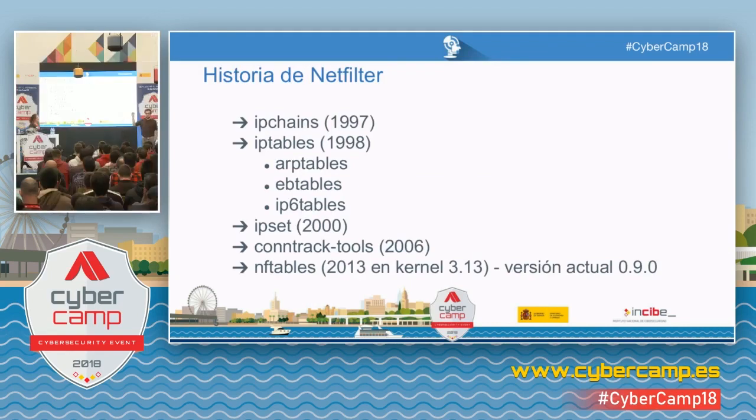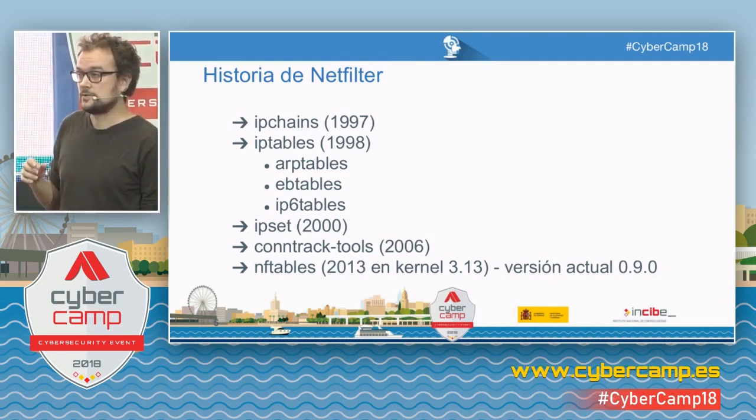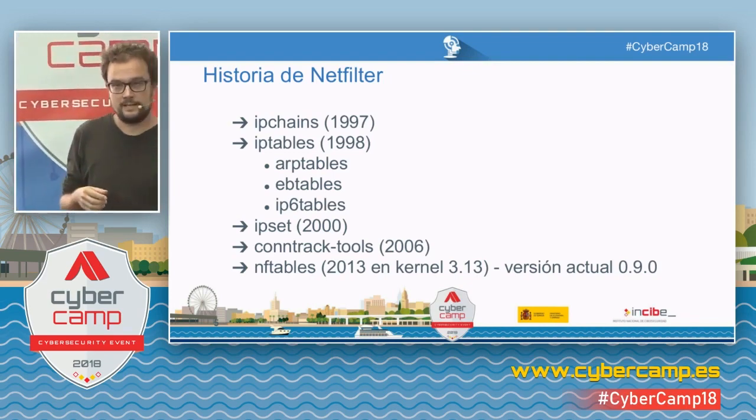Let's start with a little bit of background. I also want to tell you a little bit about another piece of software at the beginning of Linux. At that time, we would just copy what Unix had.